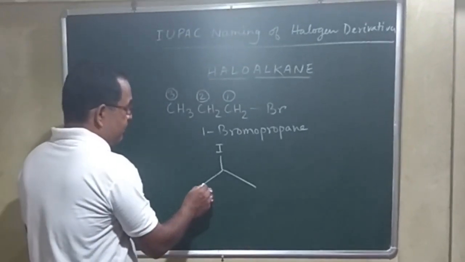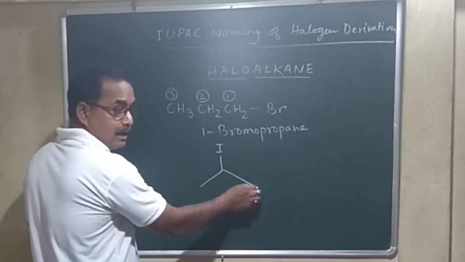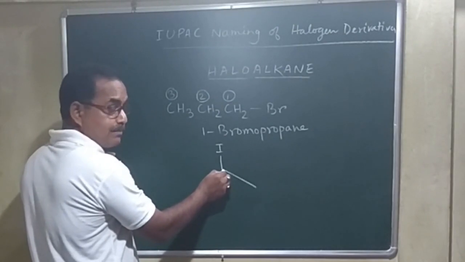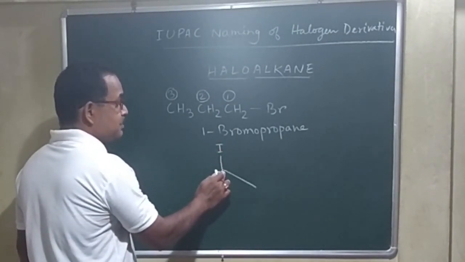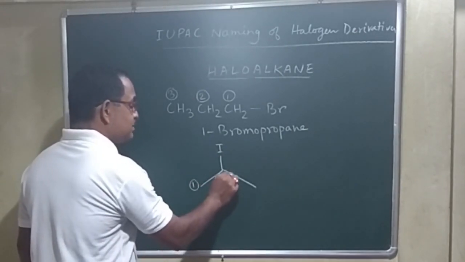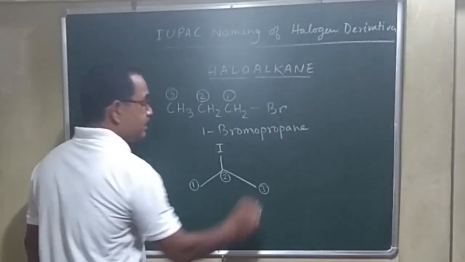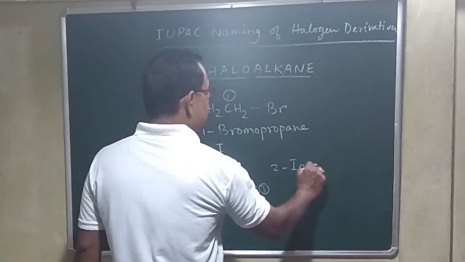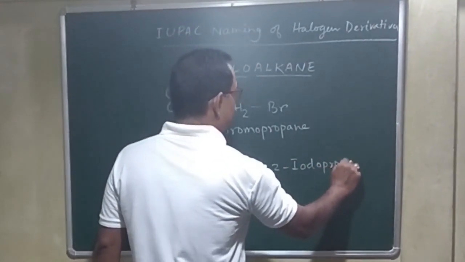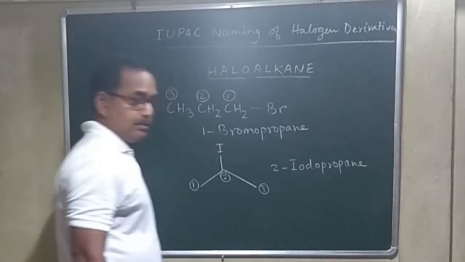Here you see, this is a methyl group, this is another methyl group. What is this? This is CH. So in this case, there is an iodine atom at position 2. This is carbon number 1, this is 2, this is 3. So its name should be 2-iodopropane.